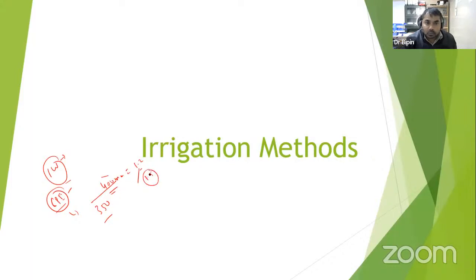So this ratio is one of the indicators to irrigate the field. The IW/CPE ratios are already calibrated for different crops. For example, I think 0.9 to 1 is the ratio for wheat. When you reach this ratio, at that time you need to irrigate. You got my point now?